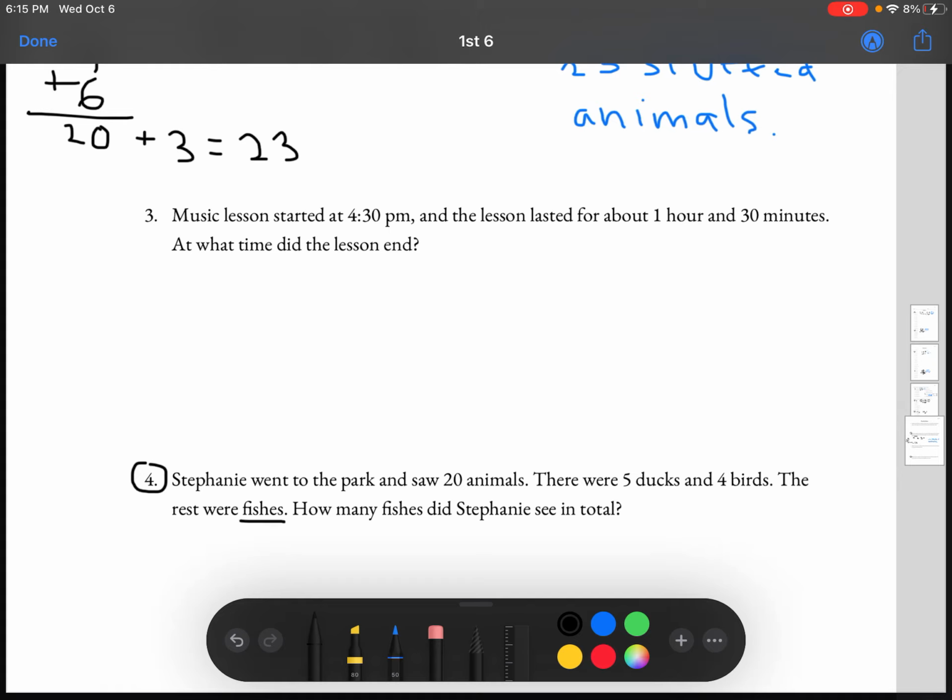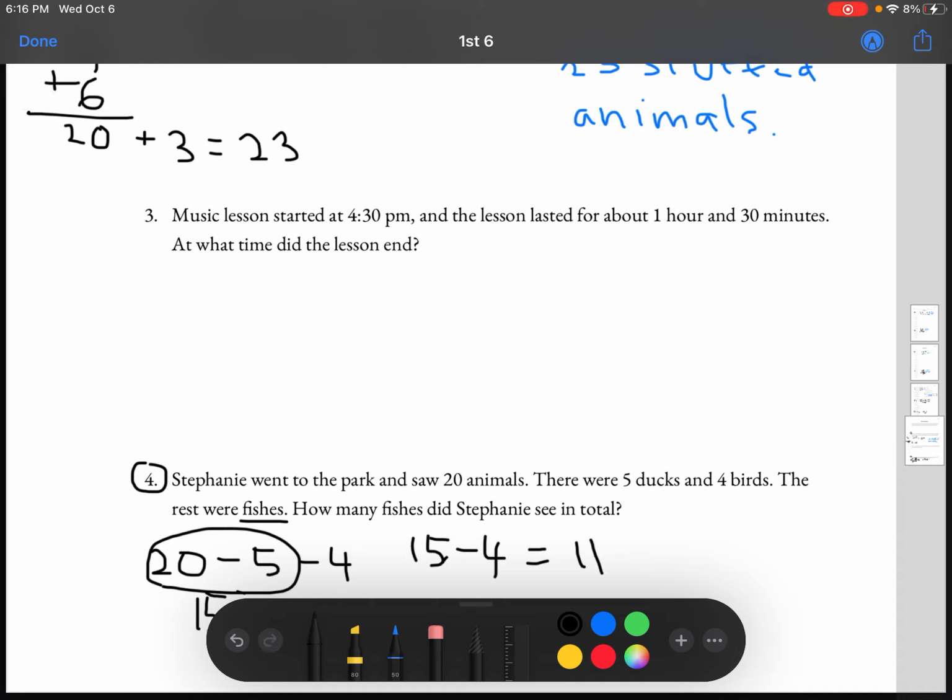So we are looking for the fishes, meaning there were 20 animals and there were 5 ducks and there were 4 birds. And because we're only looking for the fishes, we have to subtract. So first we do 20 minus 5, which is 15, and then we do 15 minus 4, which is 11.